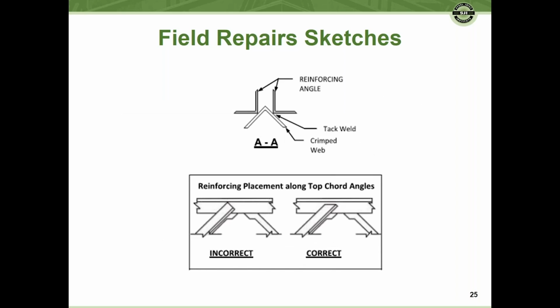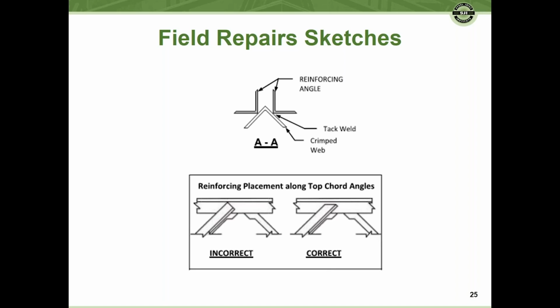Also, if we're going to tack the new webs, the reinforcing webs, to the existing web, that's a good detail. It's also good to show that on a crimped web, those webs are intended to be touching the existing web.